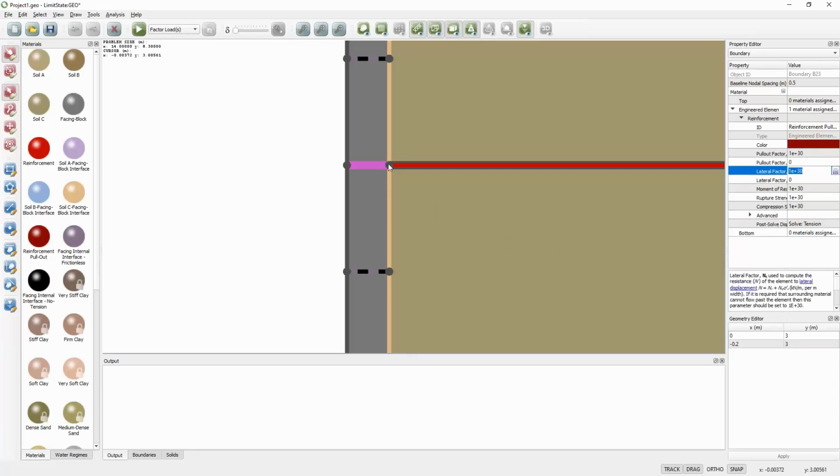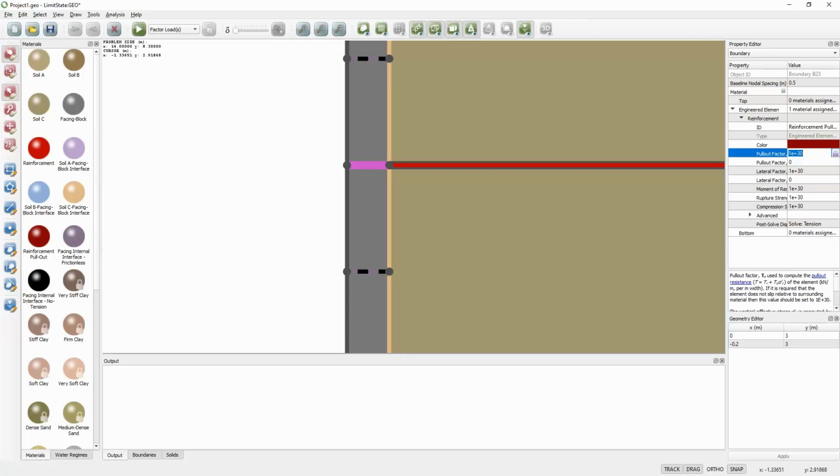If you want to pass it through a block but not actually have any shear interface with that block, then you can reduce the pull-out force to 0. If there's going to be some interaction, then you can set these parameters as appropriate. So you've got the control to set how the nail passes through different materials as you like. Again, you have to remember you are idealizing this one-dimensional nail into a two-dimensional piece of software.